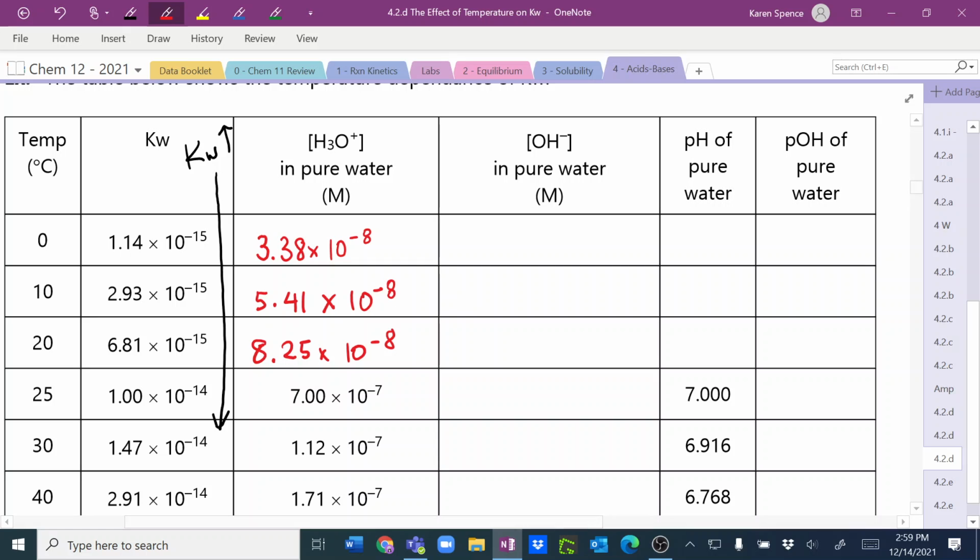If you've done those first hydroniums, did I do my calculations right? Did I get my numbers right? Yeah? Excellent.